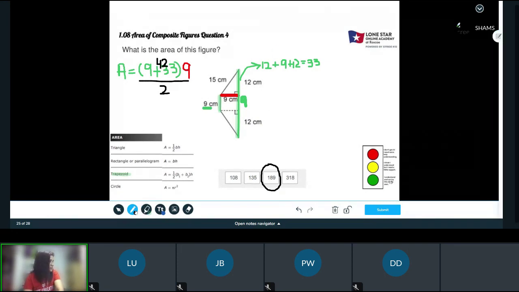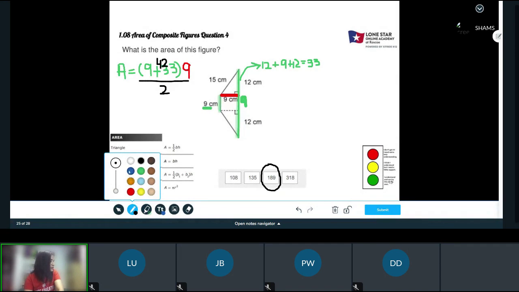If you look at the triangle, the measurements that will be useful to you in this small triangle will be a base of 9 and height of 12. 15 is not needed. When you look at a triangle only, look at the triangle as 9 by 12, right?